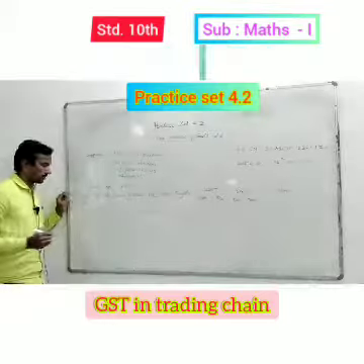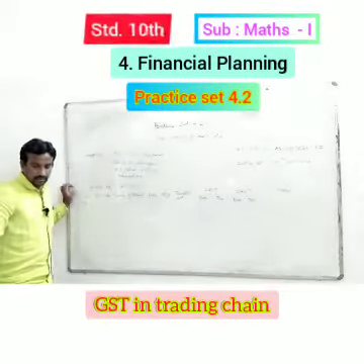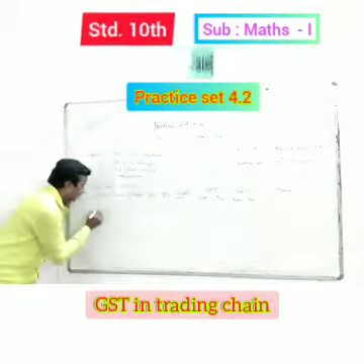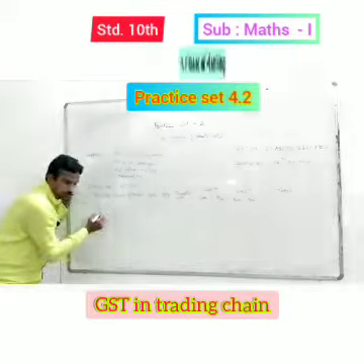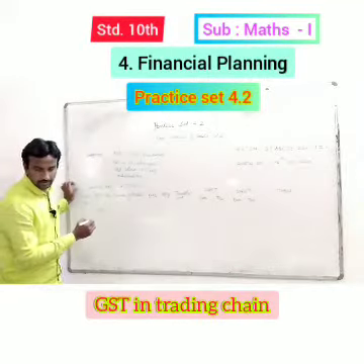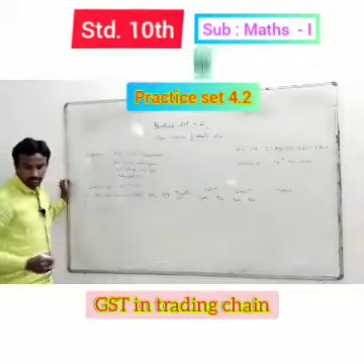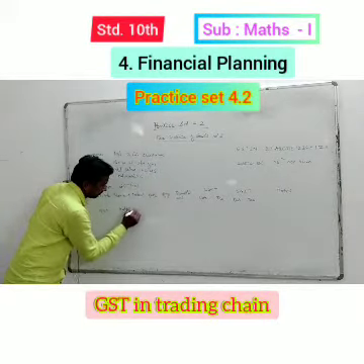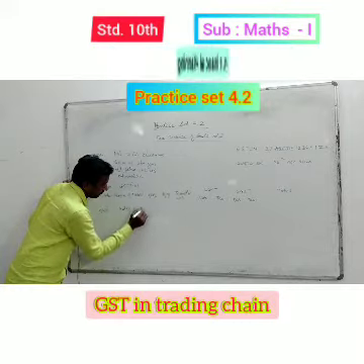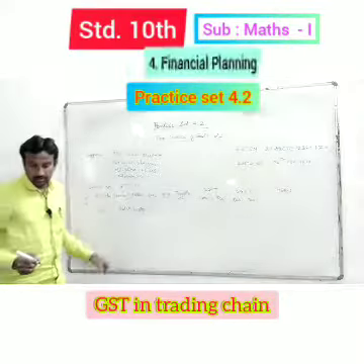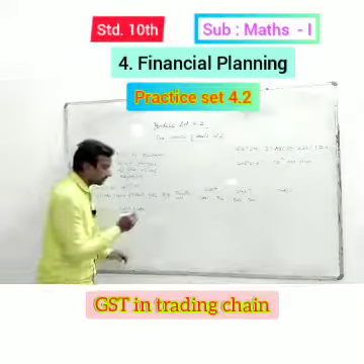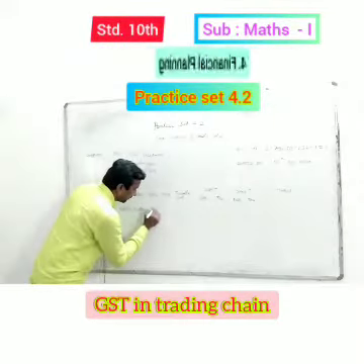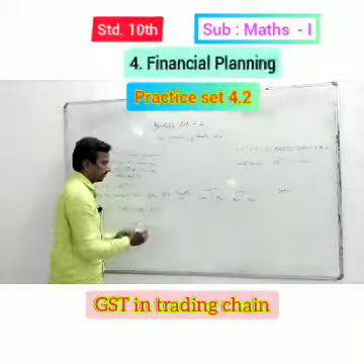Suppose first product HSN code of that product is 8507. This is of mobile battery. Rate of that product suppose rupees 200 each.